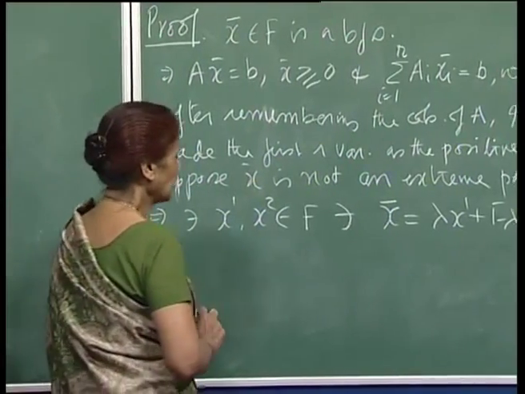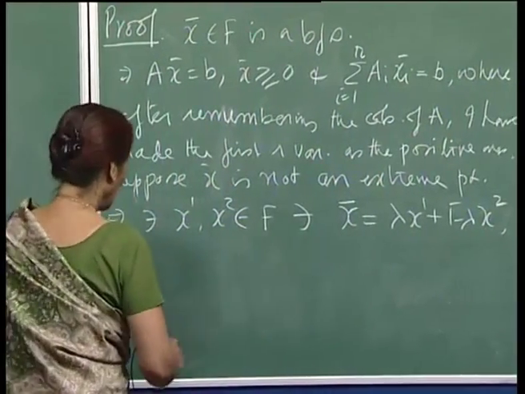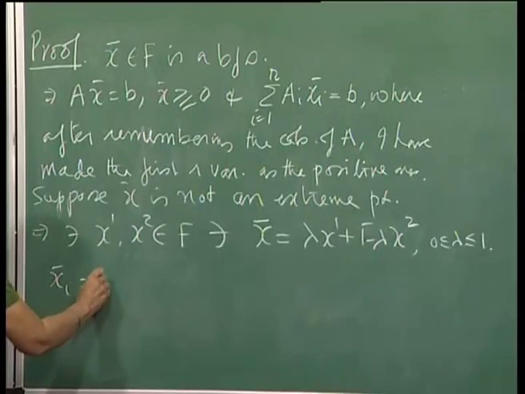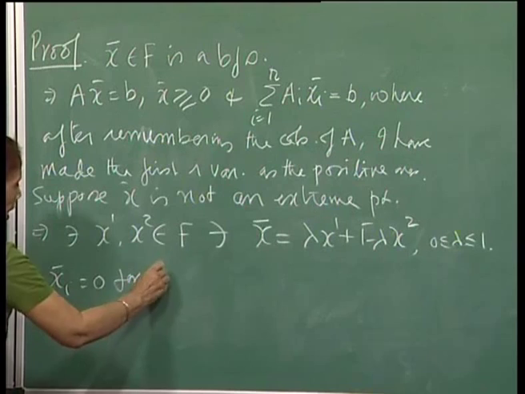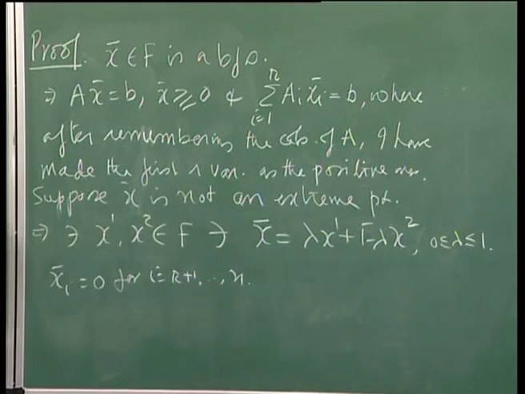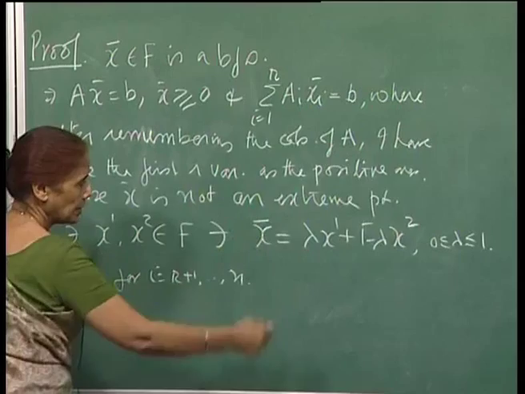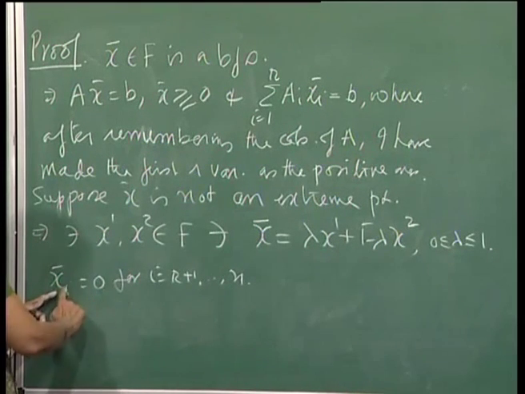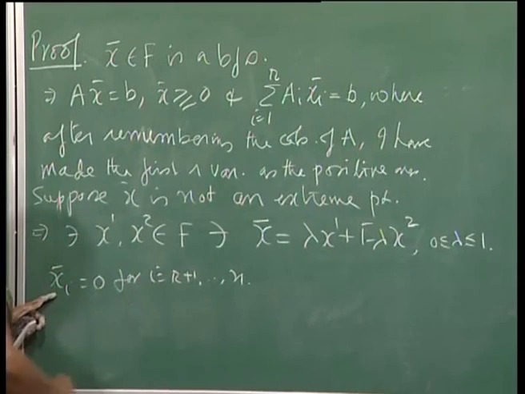Now, the thing is that x bar i is 0 for i varying from r plus 1 to n. Remember, I have renumbered the columns and the variables. So, my first r components of x bar are positive, the remaining n minus r are zeros, which means that x bar i is 0 for i varying from r plus 1 to n.